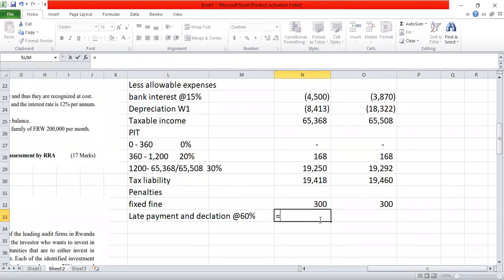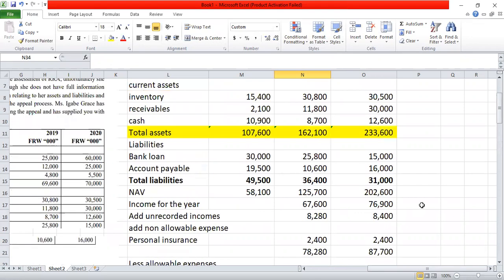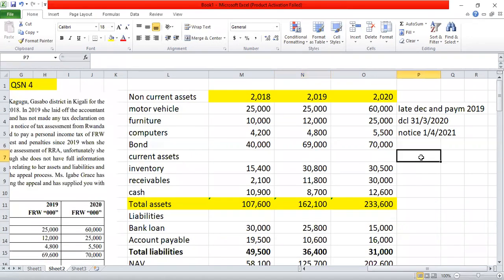So we are getting this, our tax times 60%. Then we also here for 2020, declaration was supposed to be 31st March 2021, and our notice of assessment is on April 2021.